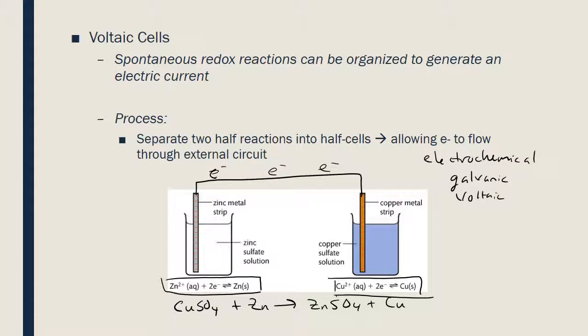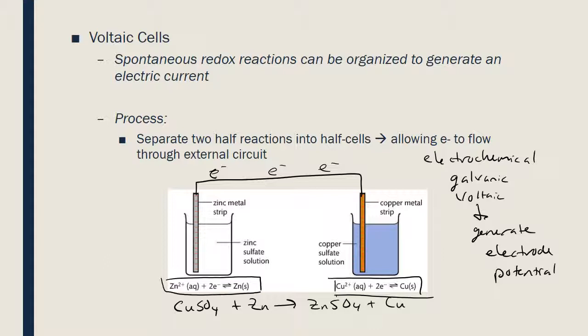All three things mean the same thing, so just know that any of those names work. The purpose of these is to generate an electrode potential. That electrode potential can then power energy as you see fit. And the most common example of a voltaic cell is a battery.